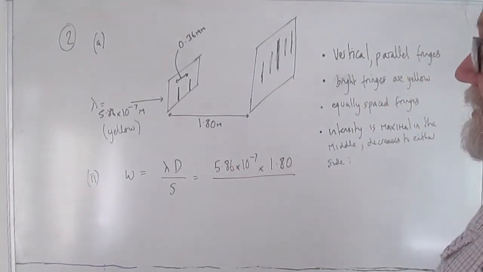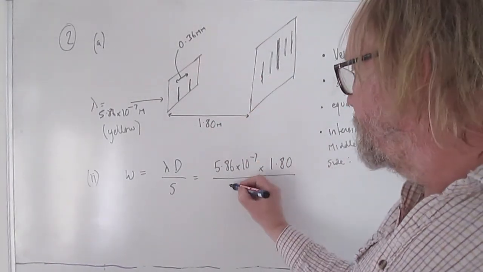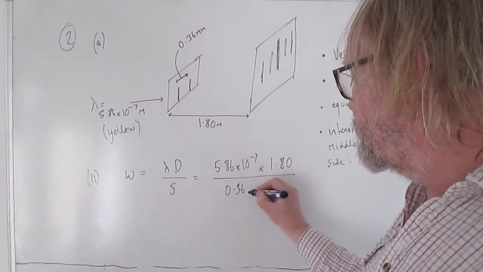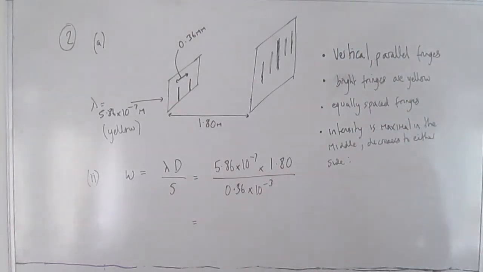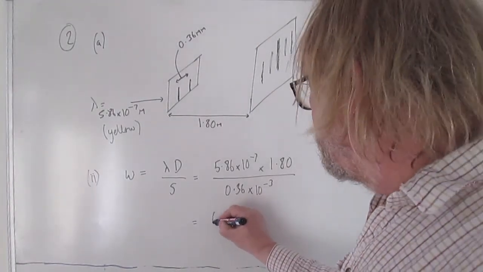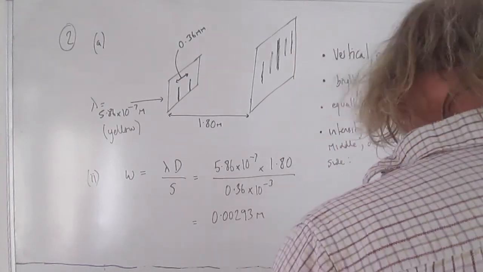And S is the separation of the slits, so that's 0.36 millimeters, so that's 0.36 times 10 to the minus 3. So if you compute that, you get 0.00293 meters.